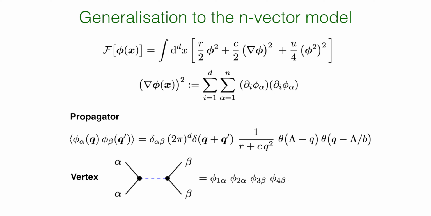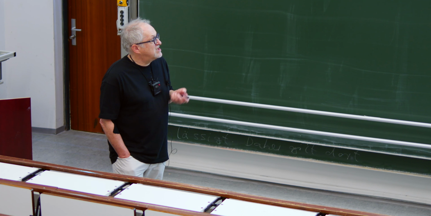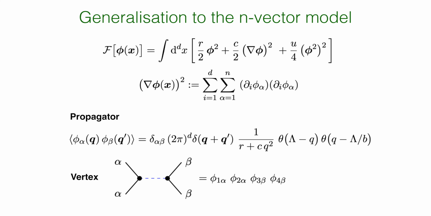In the Ising model, it was an up-down symmetry. Now we have rotational invariance in the space of phi. So as you rotate phi, you have to recover the same object, and that's why you have scalars here: phi to the power 2, phi to the power 2, and then squared. Those are scalar quantities. They are invariant under rotations, so in general SO(n), if you like.